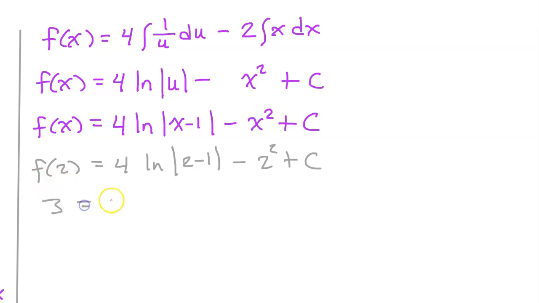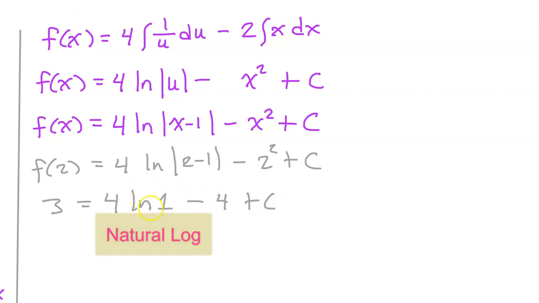So 3 is equal to 4 times the natural log of, well, this is just 2 minus 1, so this is natural log of 1. Don't need the absolute value. Minus 4 plus c. We know that the natural log of 1 is 0, and 4 times 0 is 0, so this term is 0.